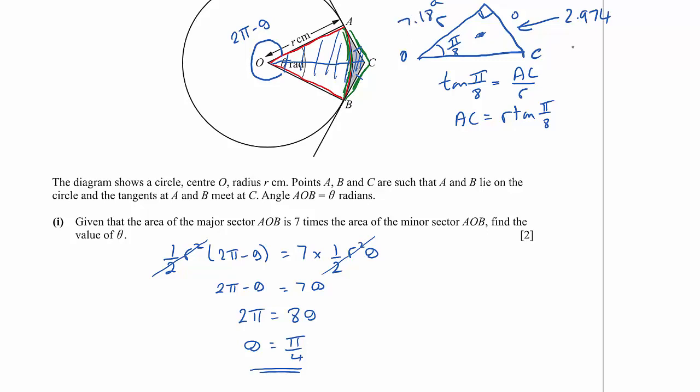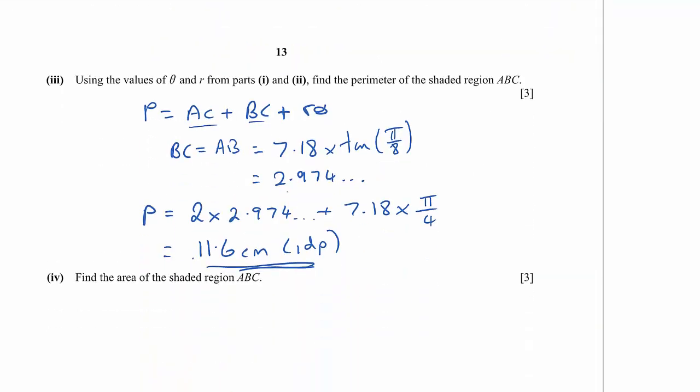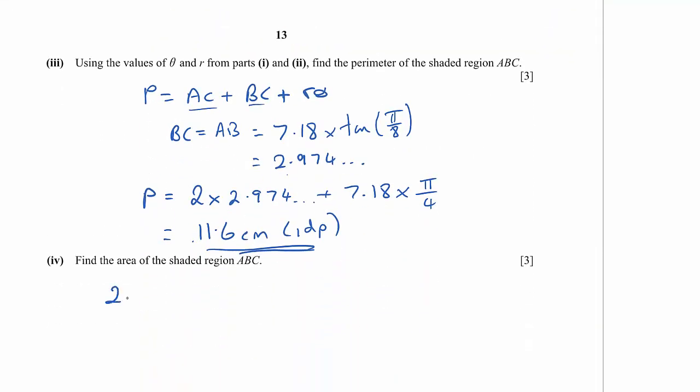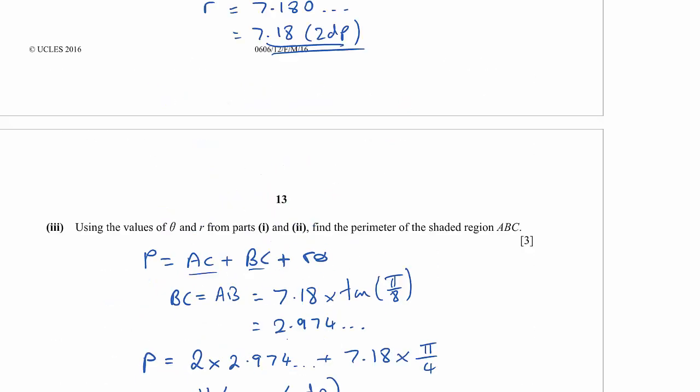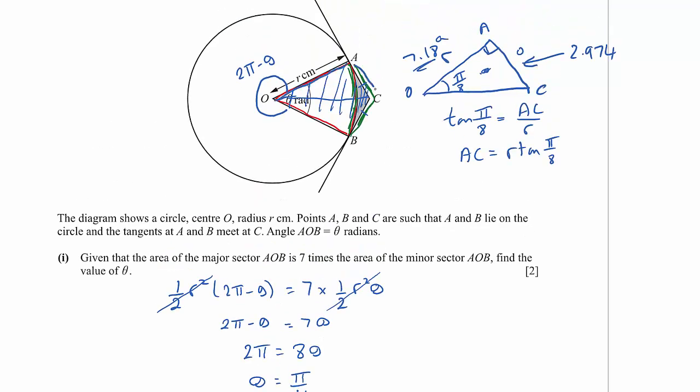So base, that would be the base, and that would be the height. So we are going to have twice a half times 7.18 times 2.974. That will give us the area of those two triangles, or if you like, that's the area of the kite that we have here.